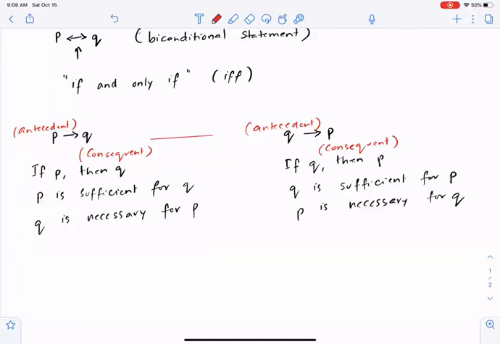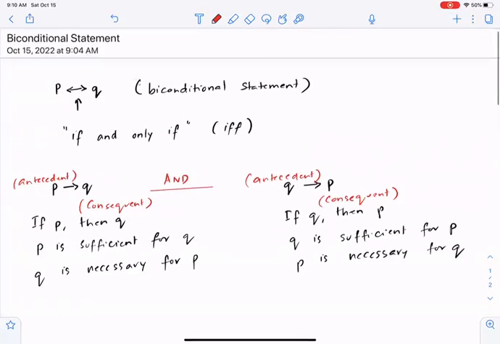So the resulting statement is a biconditional statement. What goes here in the middle is and. It should satisfy the first condition and the second condition for us to conclude that the statement is biconditional. Biconditional is also if and only if.